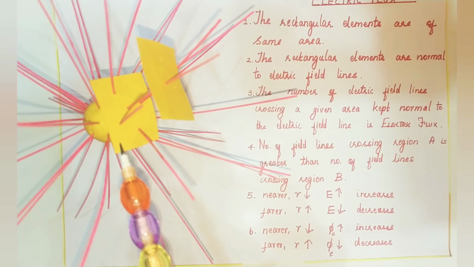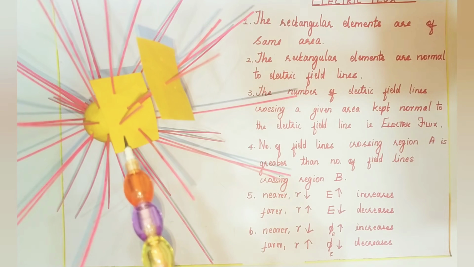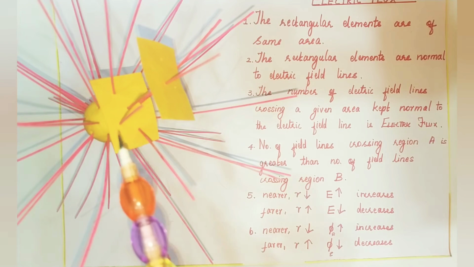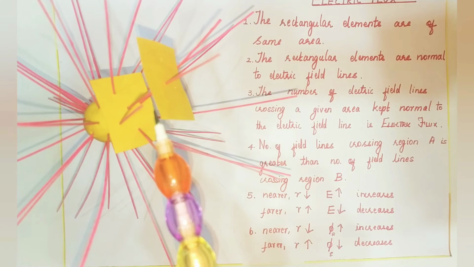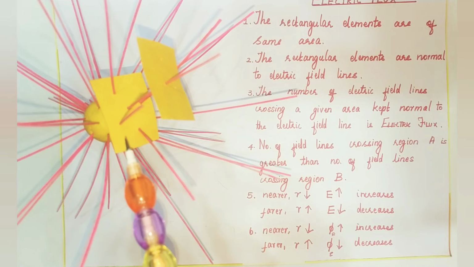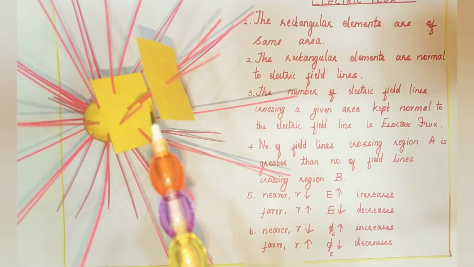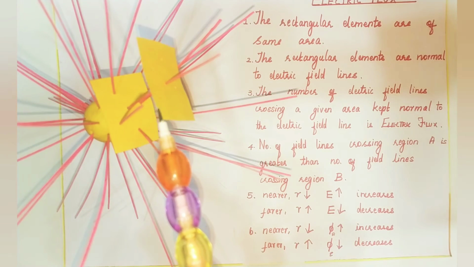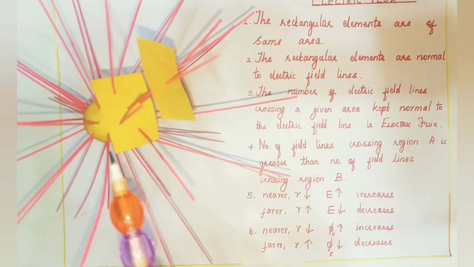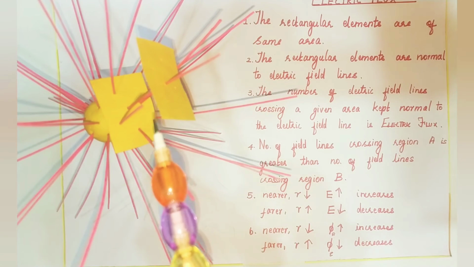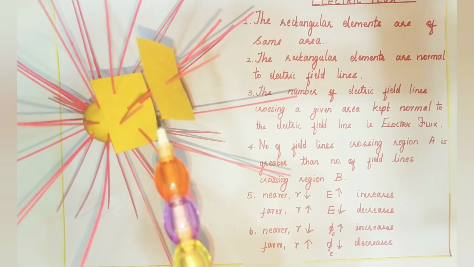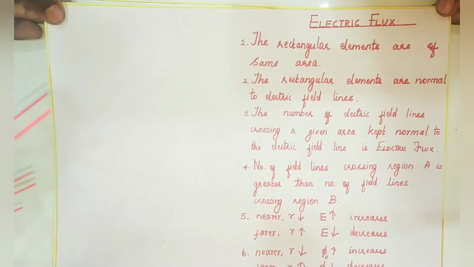That is, for nearer distance, the electric field strength will be more, and for farther distance, the electric field strength is lesser. And we can say for nearer distance, the electric flux is greater and for farther distance the electric flux is lesser. That is, as r increases the electric flux decreases.